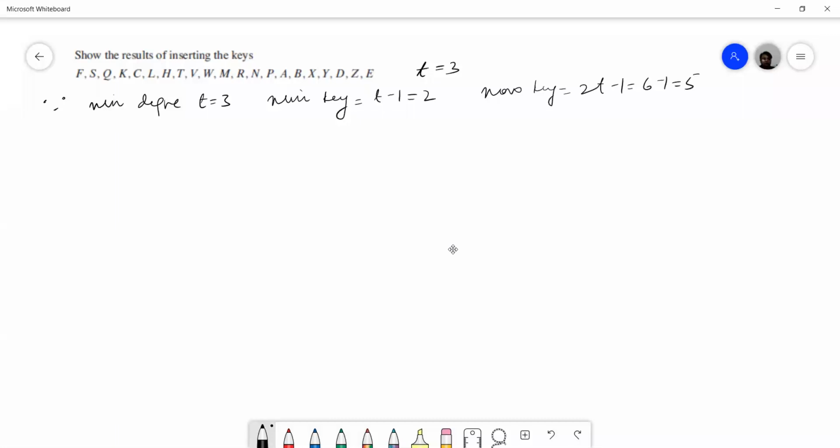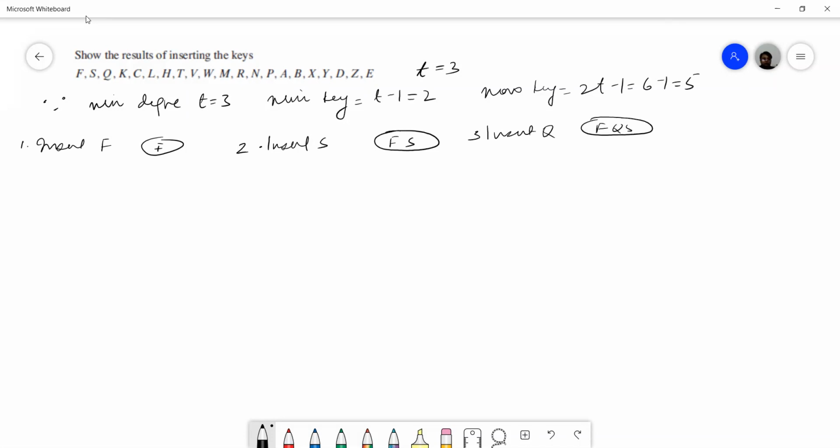Now, we'll start inserting. Step 1 is insert F. F is inserted. Then step 2, insert S. F and S inserted. Then step 3, insert Q. F, Q, S inserted.